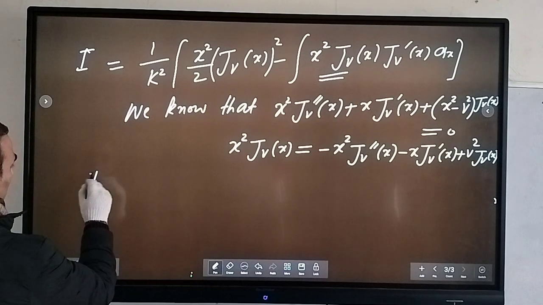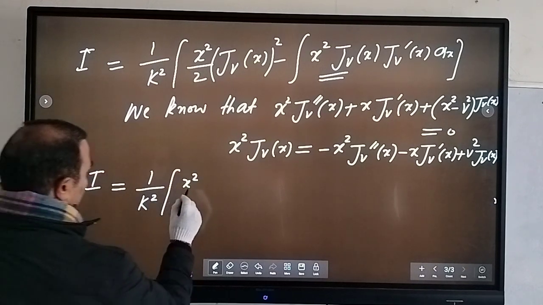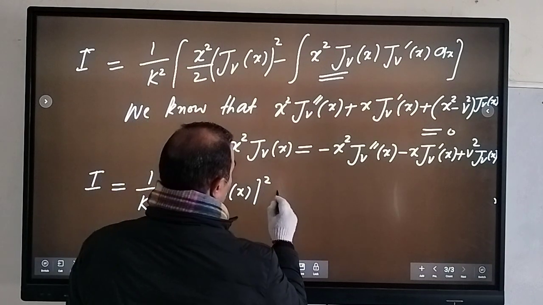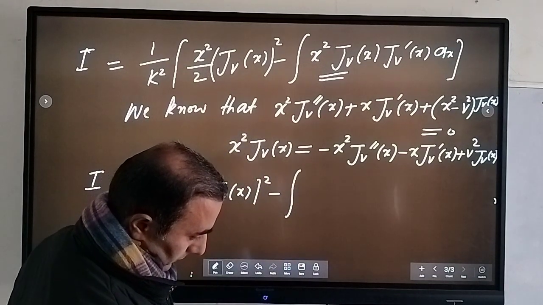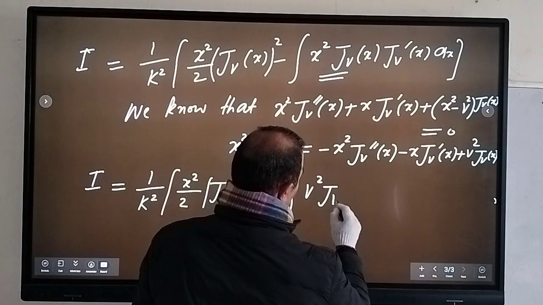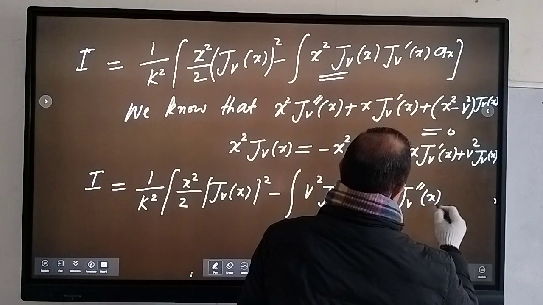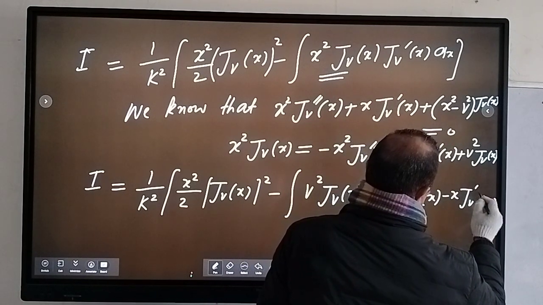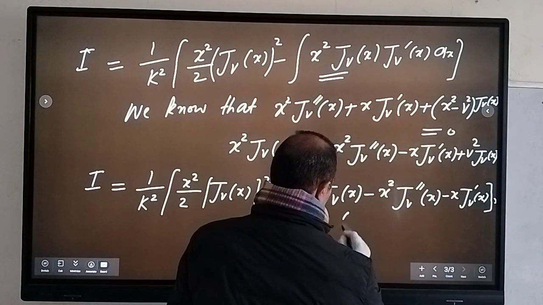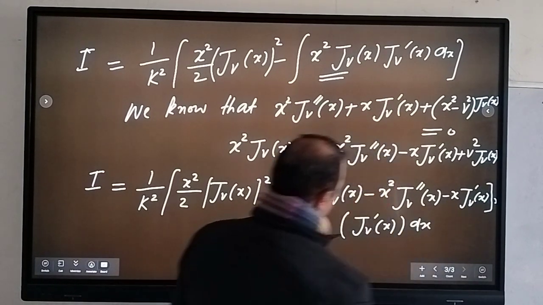So that means our integral will be equal to, okay?